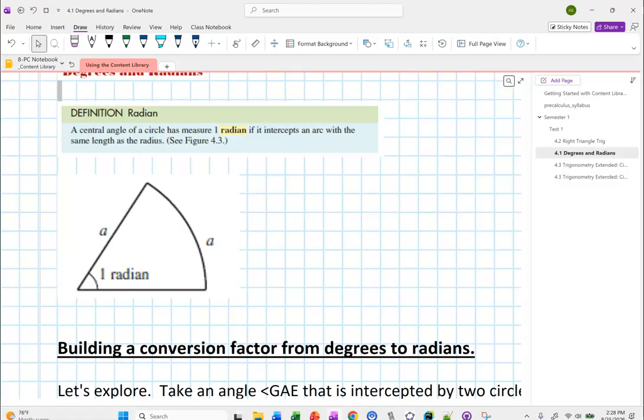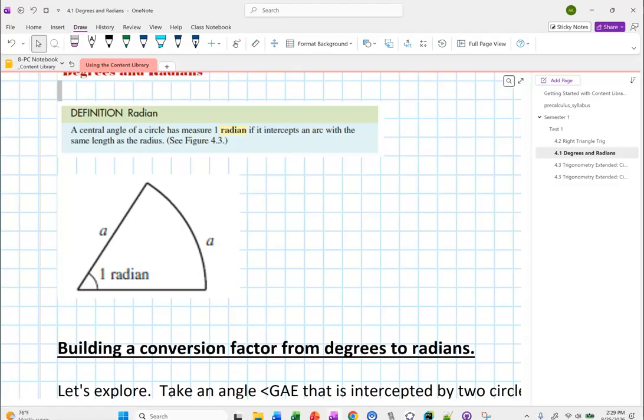So today we're going to talk about what a radian is, and since we have two different ways of measuring the same thing, the next thing you want to ask for is a conversion factor so that you can translate from one measurement to the other, right?